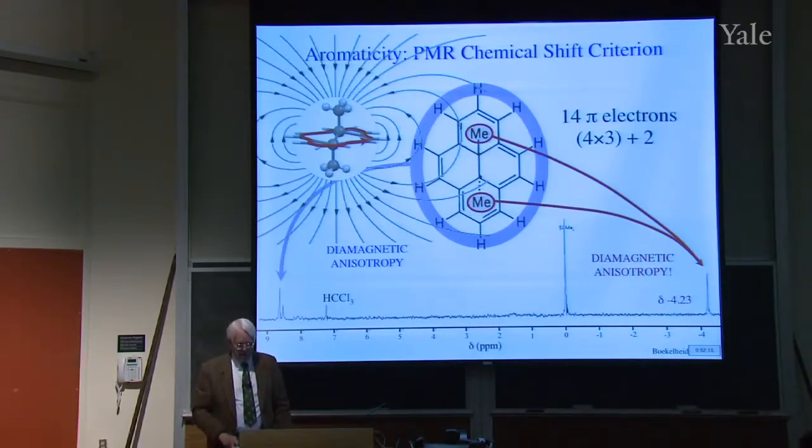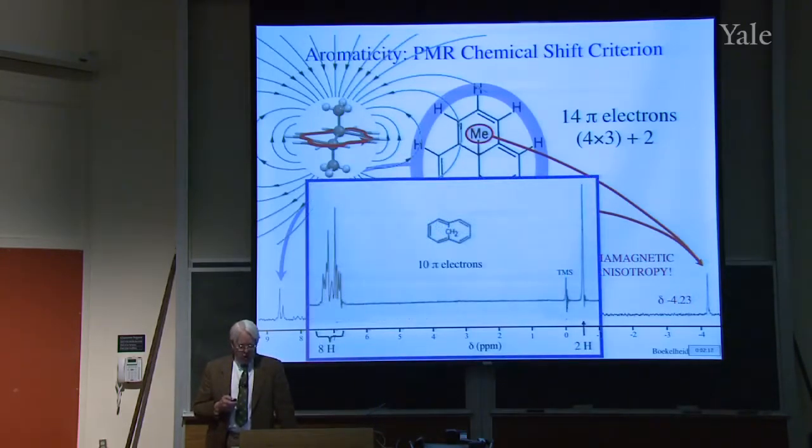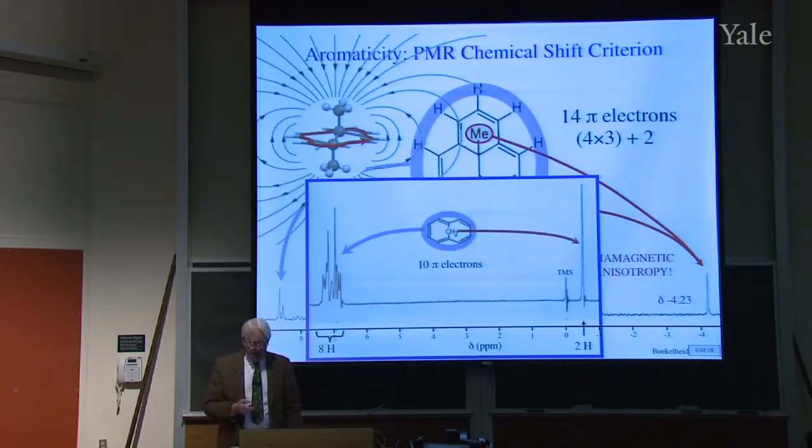once people got this particular bit in their mouth, they started looking at a lot of other cases. For example, this molecule that we talked about, which remember had that CH2 bridge across the middle and then 10 pi electrons, 4 times 2 plus 2, right? And again, you see them shifted downfield when they're outside and upfield when they're inside, okay?